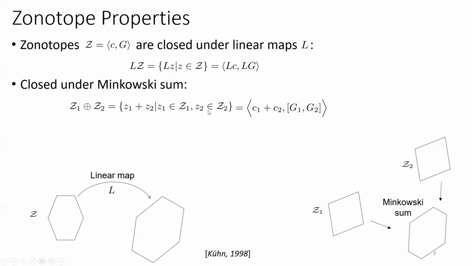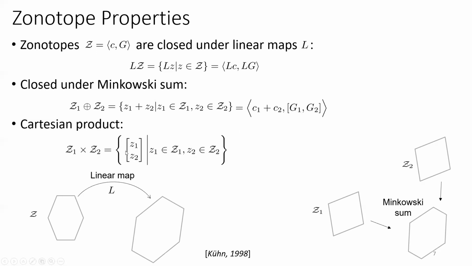It can be computed easily by adding the centers and combining the generators. Also, the Cartesian product, which means vertically aligning all the points from the first Zonotope with all the points of the second Zonotope, can be computed easily by vertically aligning the centers and having the generators as shown here.